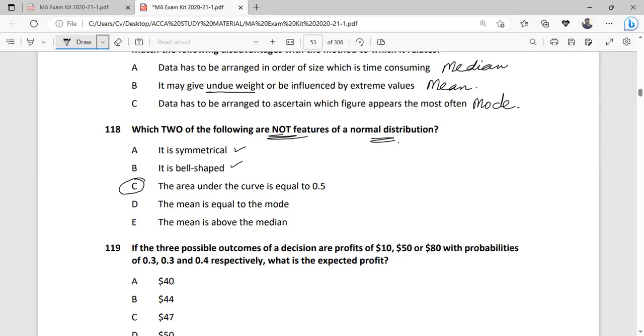Basically, the area under the bell curve is equal to 1. Then the mean is equal to mode. Mean is equal to mode, not a feature. Sorry, it could be a feature. The mean is above the median. No, this is not a feature. Mean and mode could be equal, but mean will not be greater than the median.